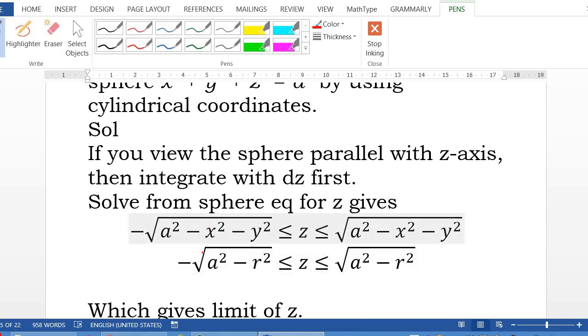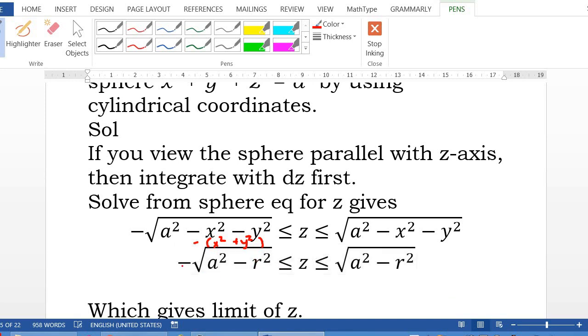So this term is actually minus, if we factor out the negative, minus x squared plus y squared. In the same problem, now we are going to use these new coordinates. The limit for z will become negative square root of a squared minus r squared, because x squared plus y squared will be replaced by r squared.